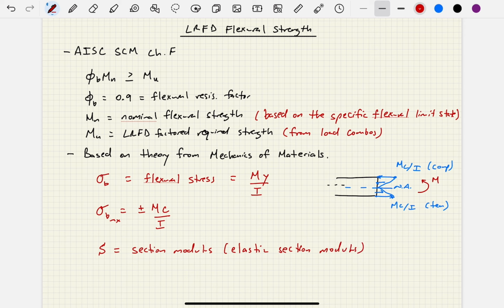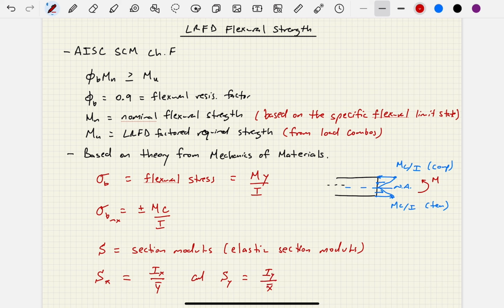Now, we could say S sub X for bending about the X centroidal axis. This is going to be I sub X over Y bar. And we also had an S sub Y for bending about the centroidal Y axis, and that was equal to I sub Y over X bar, okay?